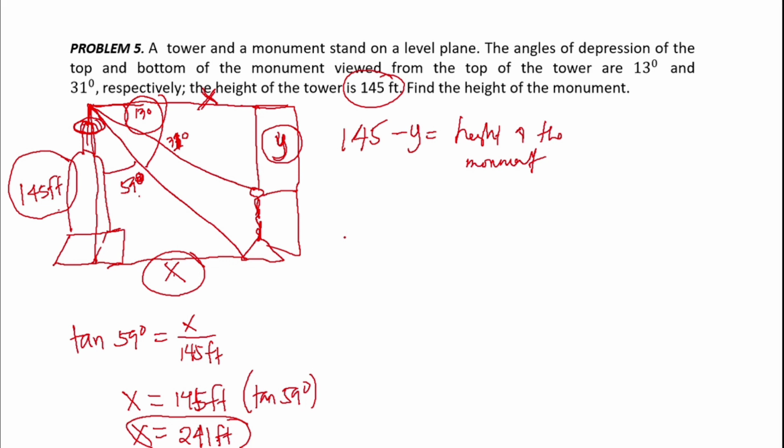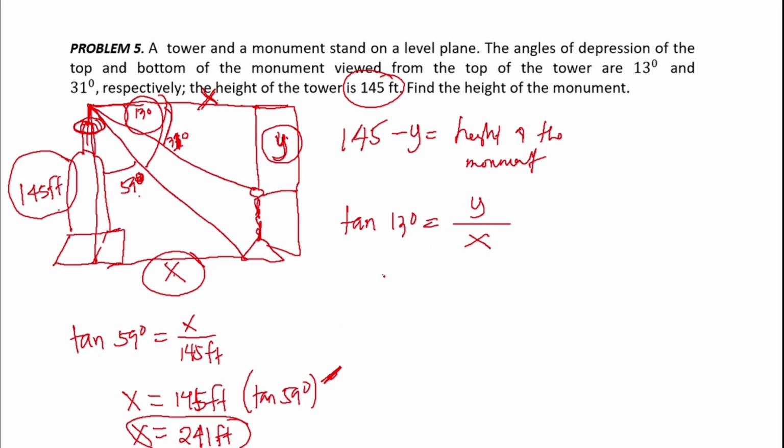So to solve for y, still we'll make use of 13 degrees and tangent still because opposite over the adjacent. So tangent 13 degrees is equal to y over the x, opposite over the adjacent. So the value for x, we'll make use of this one as the raw data.